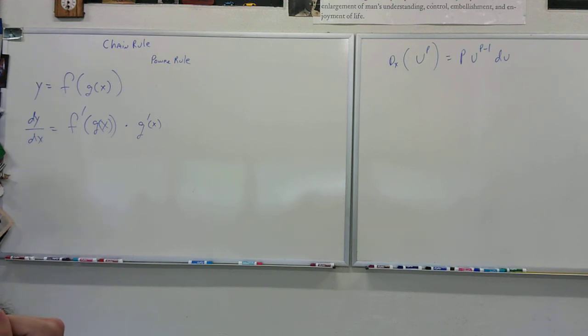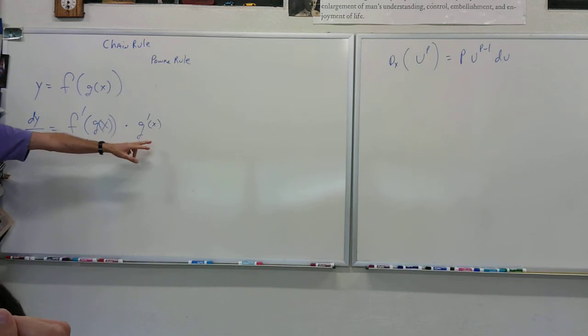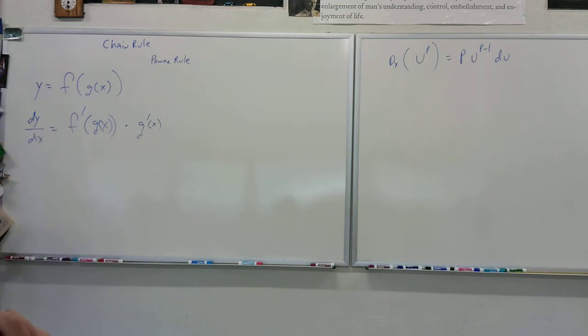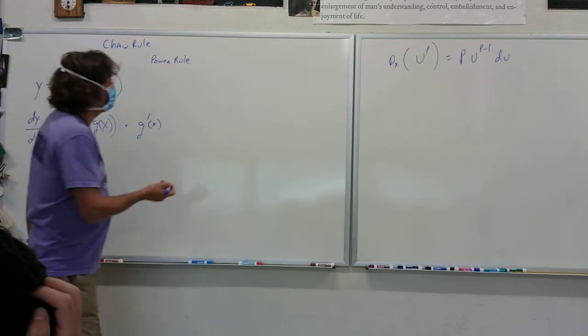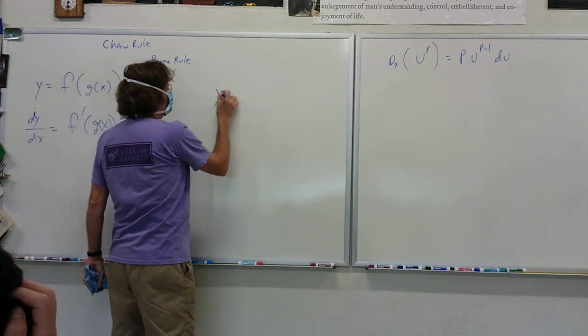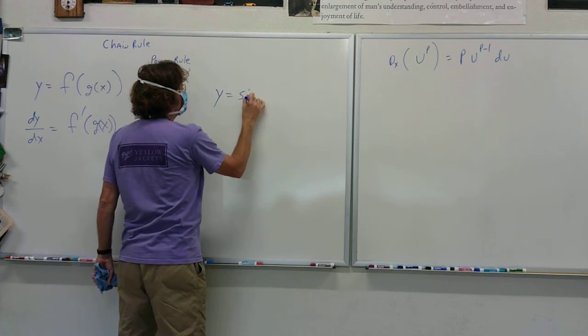You have a function of another function, and you take the derivative of the outer times what? Derivative of the inner. I want you to do it all one time. One step.